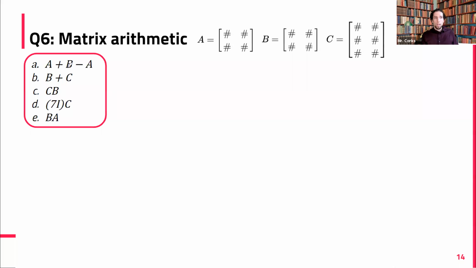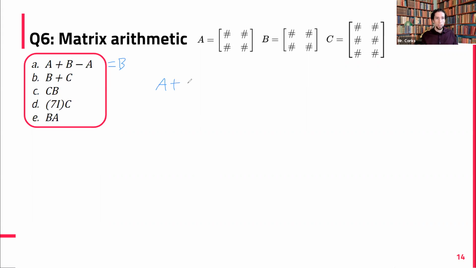Okay, first one, A plus B minus A. What's the solution? It's just matrix B. We talked about in class how with matrix addition and subtraction, if we change the order, we still get the same result.